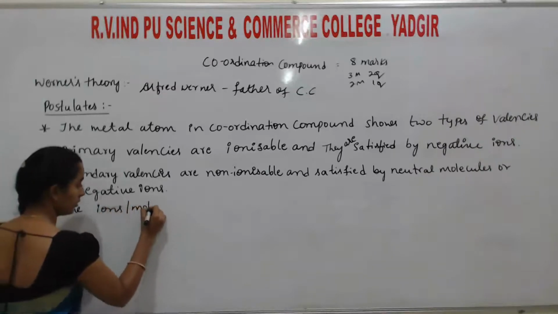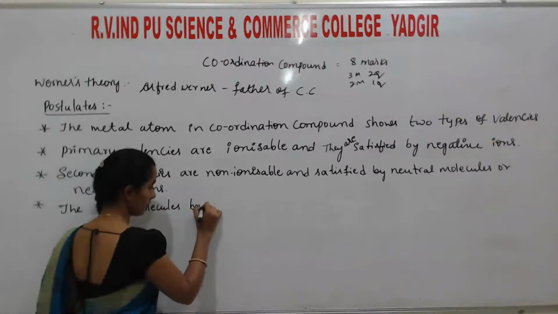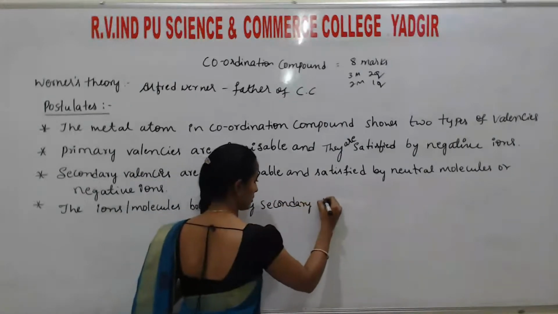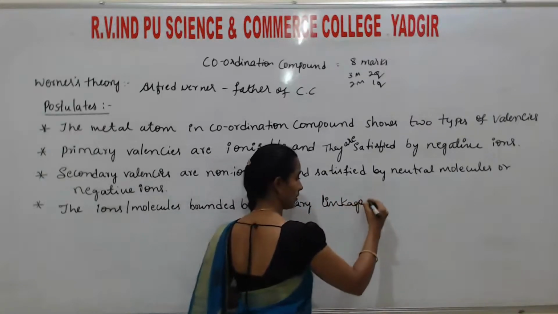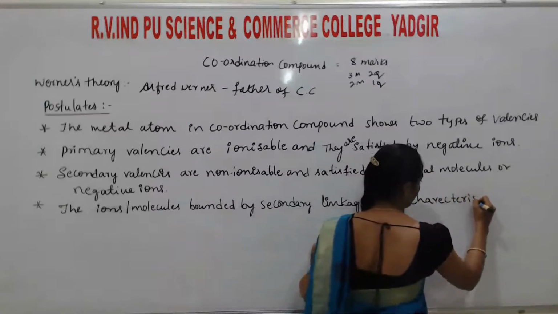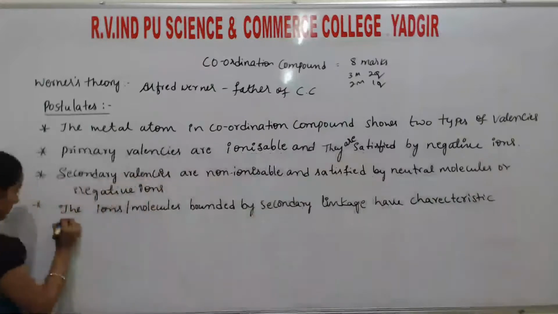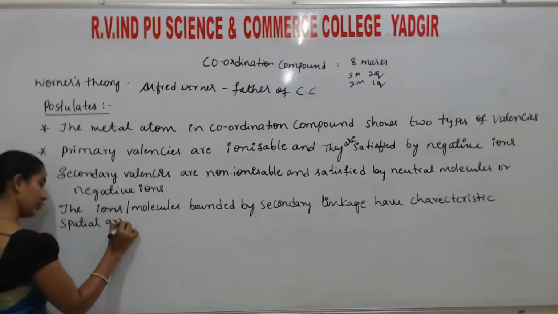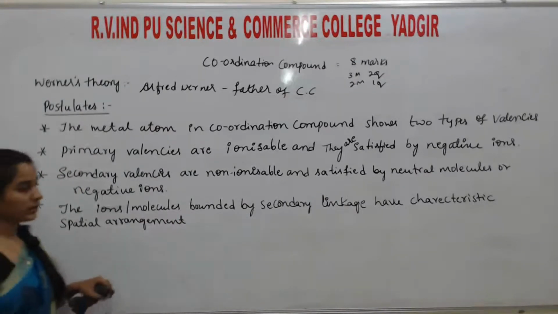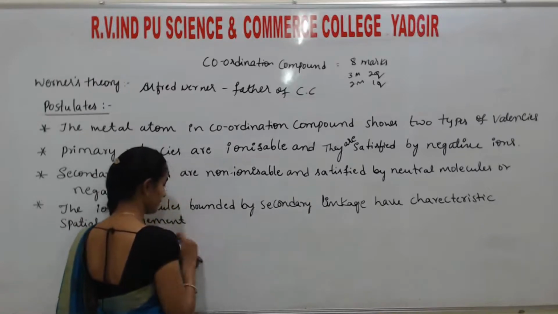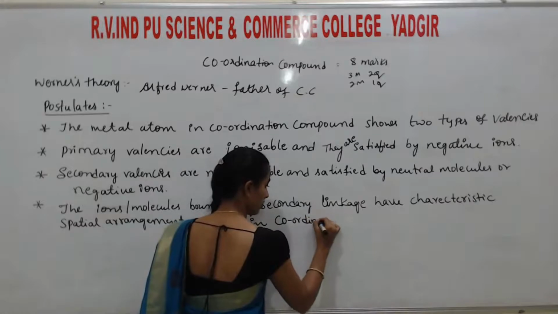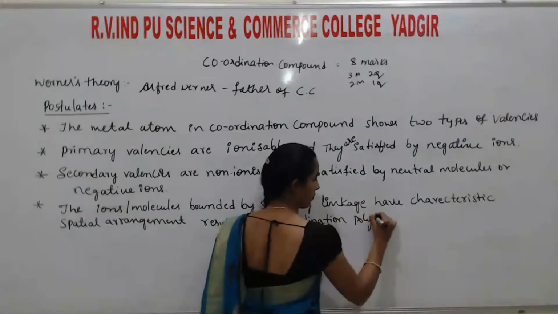The ions or molecules bound by a secondary linkage, that is secondary valency, have characteristic spatial arrangement that results in coordination polyhedron.